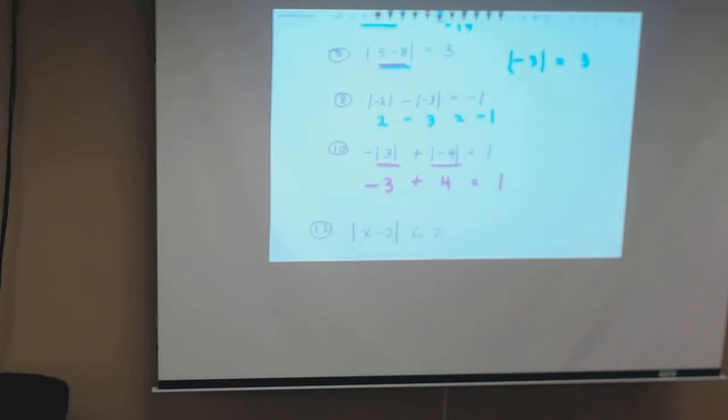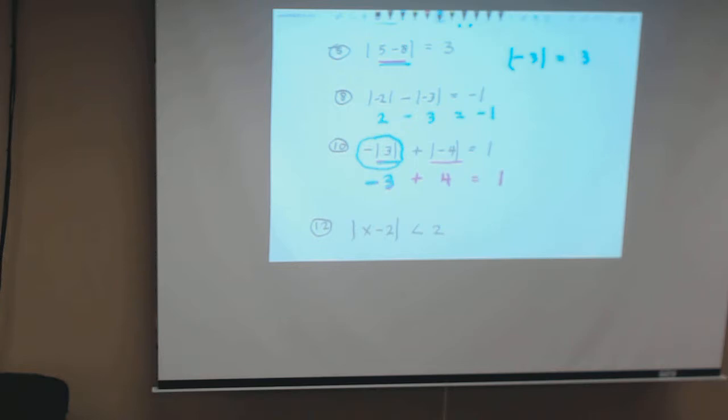Well, let's look at number 10. Looks like the same kind. No, it isn't. Because see, what's the magnitude of 3? 3. But what's out in front of it? A negative. Do you see that? So what this really says is the negative magnitude of 3, or negative the absolute value of 3.